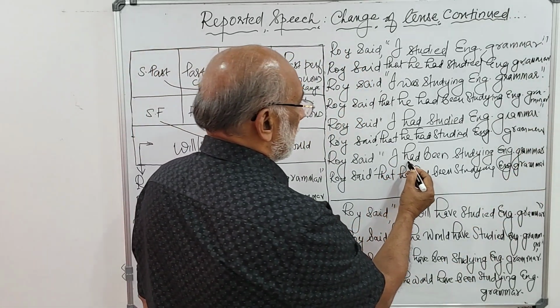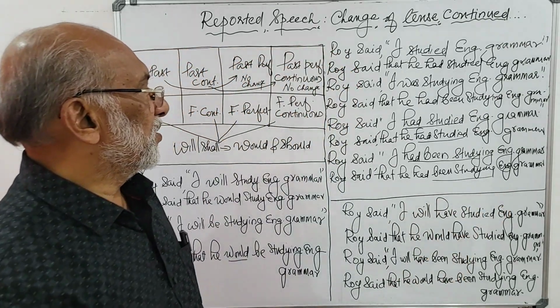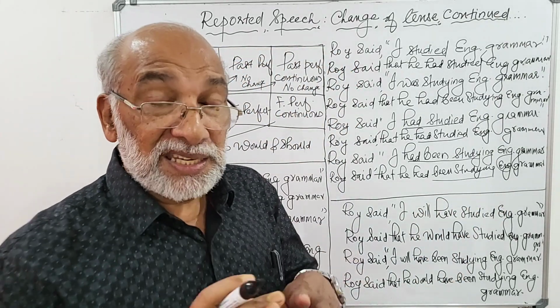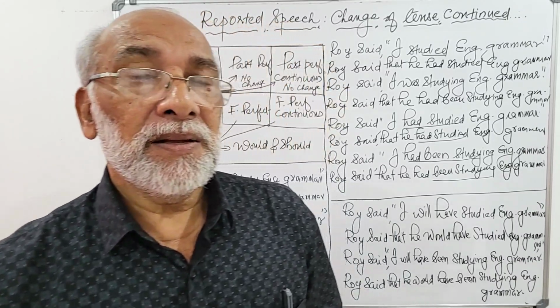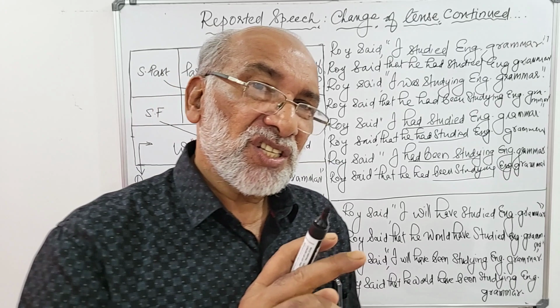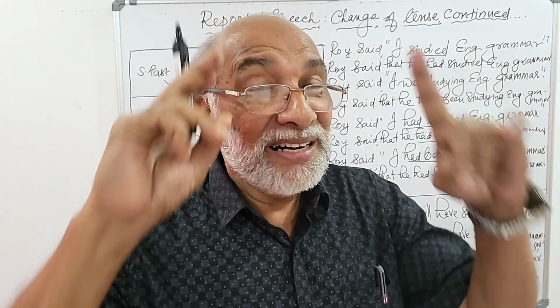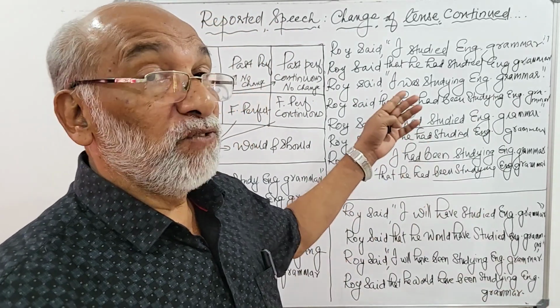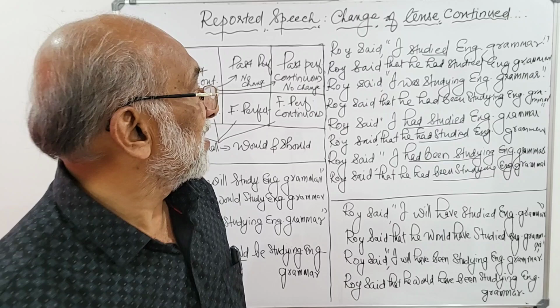Okay, so had been studying remains the same, no change. But one thing that you should keep in your mind is this, that the expression no change is only related to the verb. Other changes are there. Let's see what are the other changes.